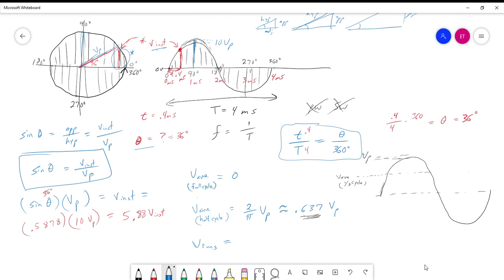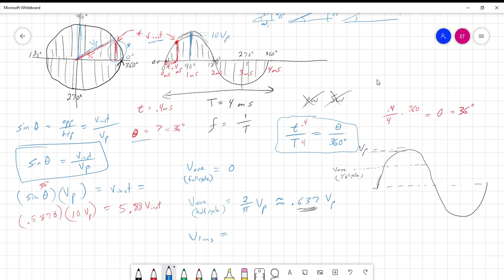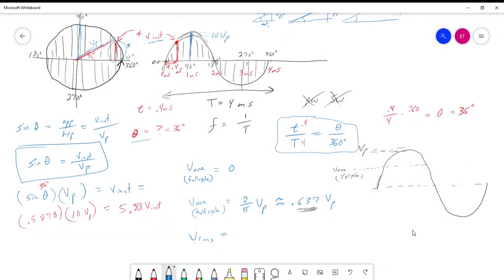But the RMS, let's drag this up a little bit, is again, you have your choice. The actual number is 1 over the square root of 2 times V peak, but easy enough to remember, I think most people just memorize 0.707 of V peak. And again, the 1 over square root of 2 is the more accurate. This is an approximation, of course, it's rounded.